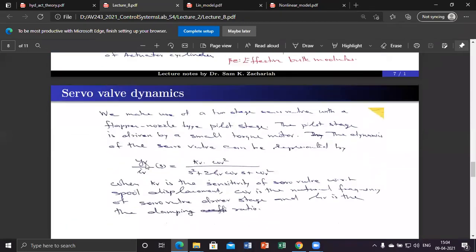That's what is written. Now we are talking about YV motion, because YV is the mechanical motion and XV is the effective hydraulic port opening.